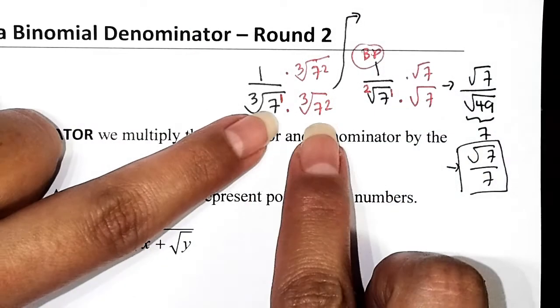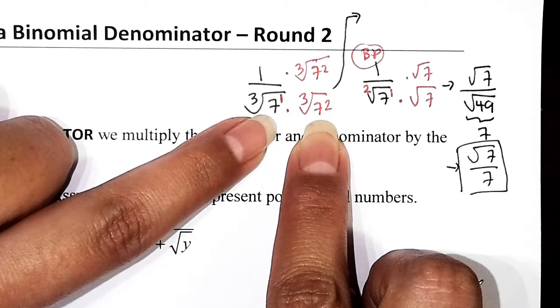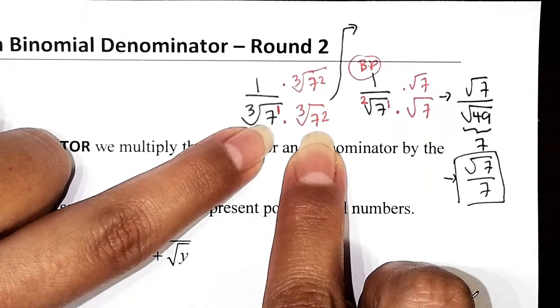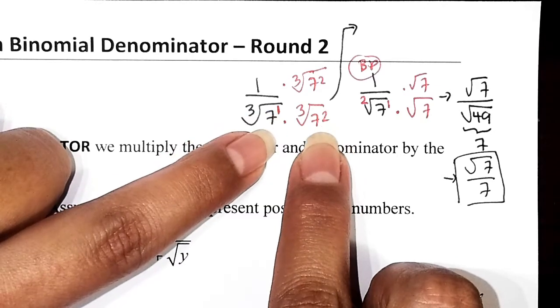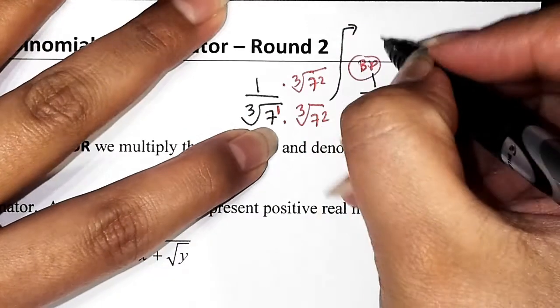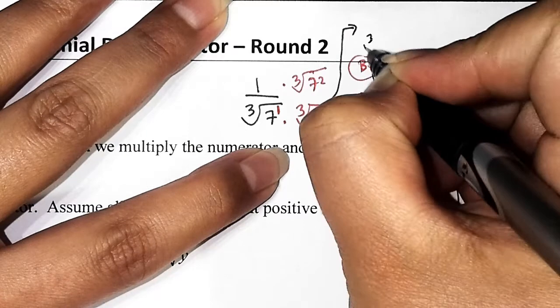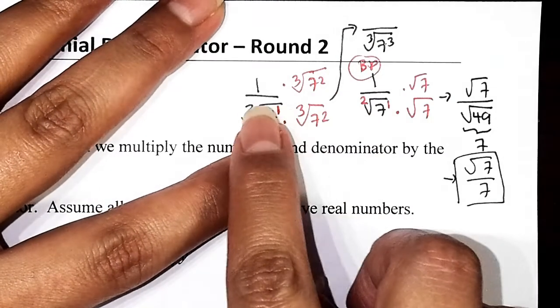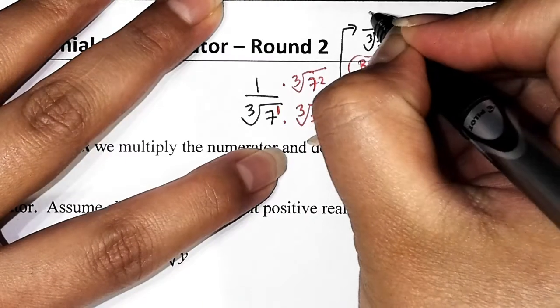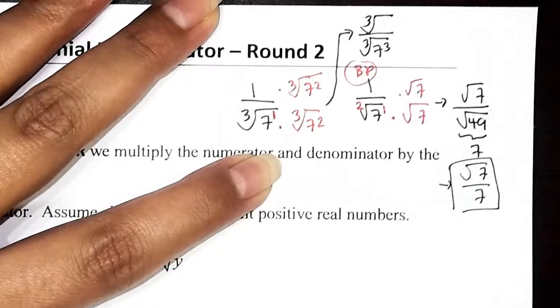So let's go ahead and use exponents for repeated factors. We're going to keep the base and add the exponents. The base is 7 and the sum of the exponents is 3. So 7 times 7 squared will give us 7 cubed. So that will give us cube root of 7 cubed, and that's all under 1 times cube root of 7 squared. While we're at it, why don't we evaluate 7 squared?